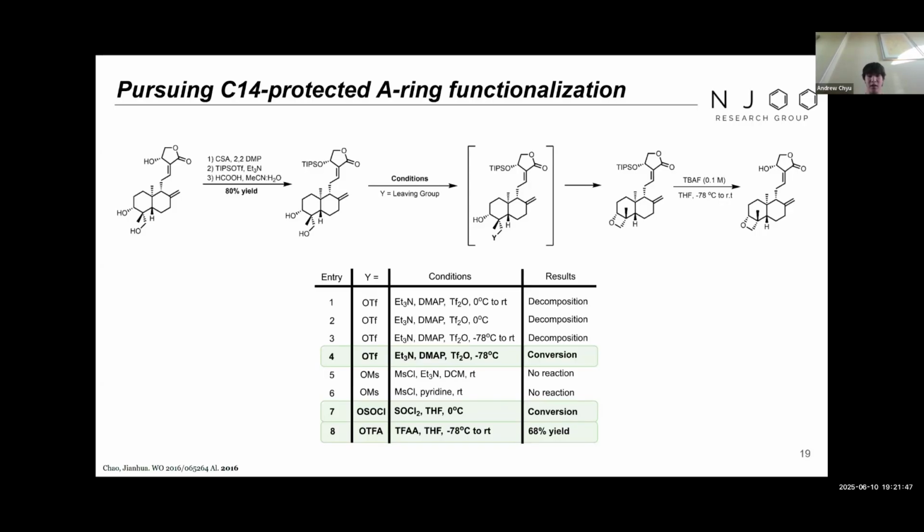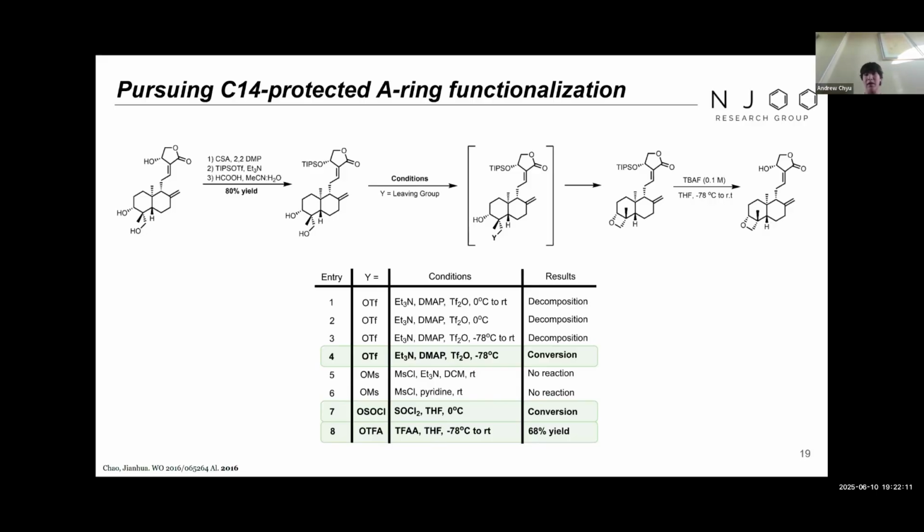The next thing we tried was SOCl2, with which we were able to form the oxetane very nicely, however at very low yields, around 33%, which made us still want to explore other options, such as TFAA. We found that if you start the reaction at negative 78 and slowly let it go up to room temperature, we get up to 68% yield, which is two times the amount as with SOCl2.